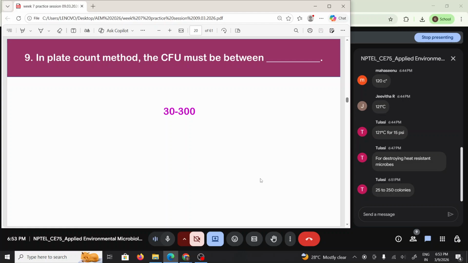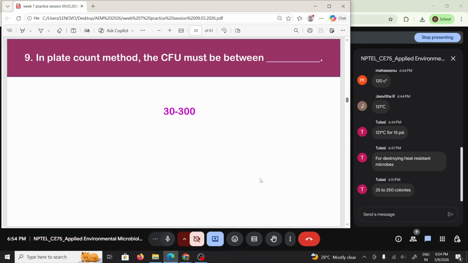30 to 300 is suggested by USDA and AOAC standards, which is generally used in microbiology, and 25 to 250 colonies is generally suggested by APHA or FDA standards. And when we talk about ISO, it suggests 15 to 300.